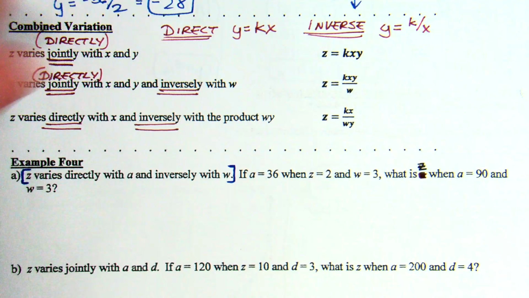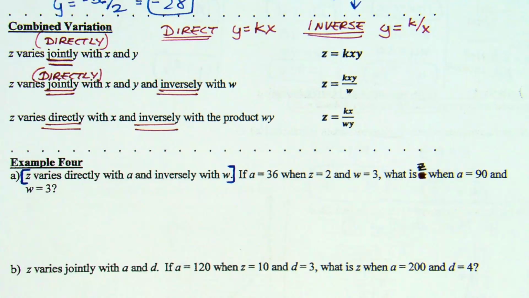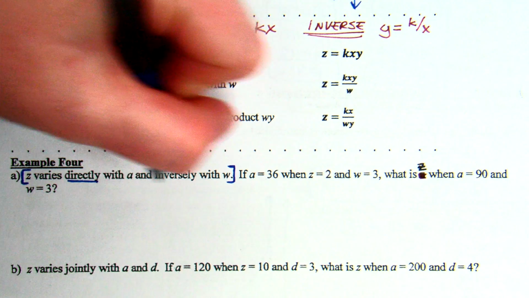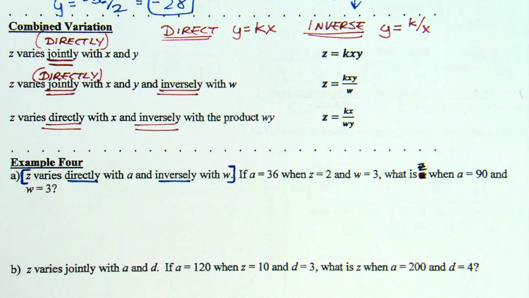I want to write the equation that represents this problem. Z varies directly with A and inversely with W. I want an equation that represents that statement. Z varies directly with A and inversely with W. What do you think?